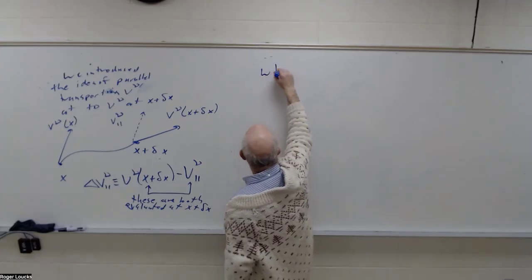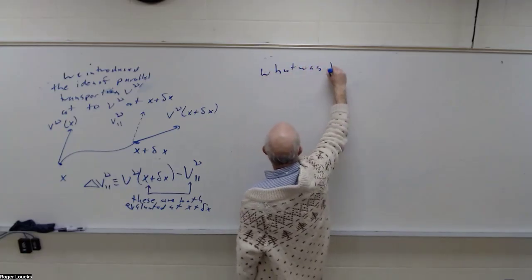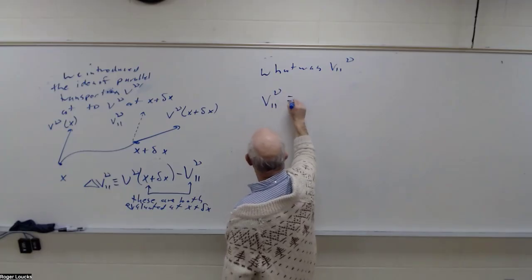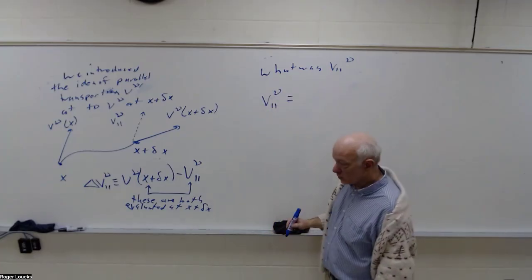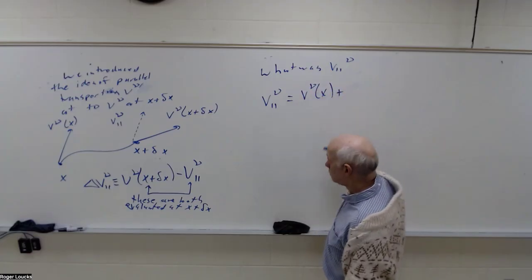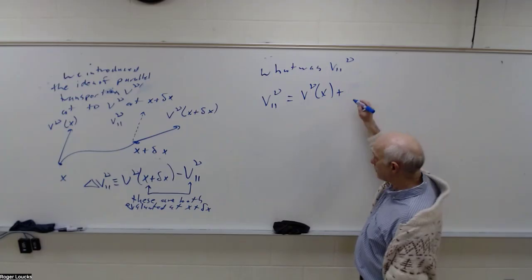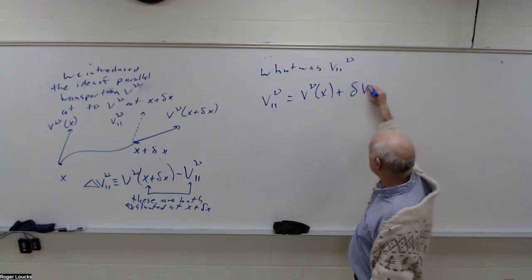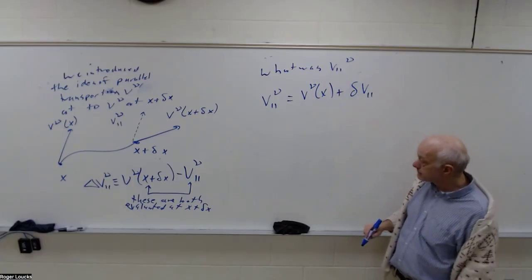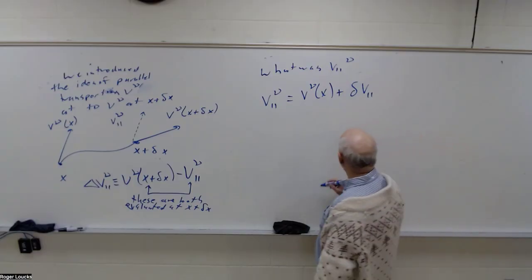So what was V parallel new? It's going to be the original vector plus some change, delta. So we call this delta V parallel. And how do we take this to be?